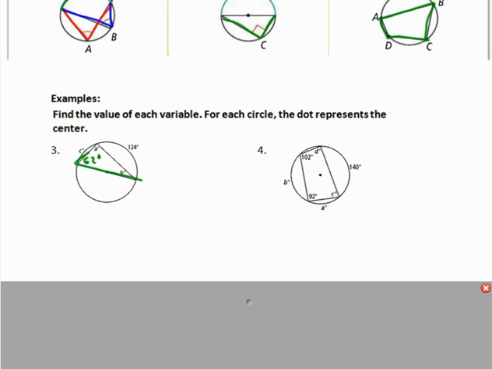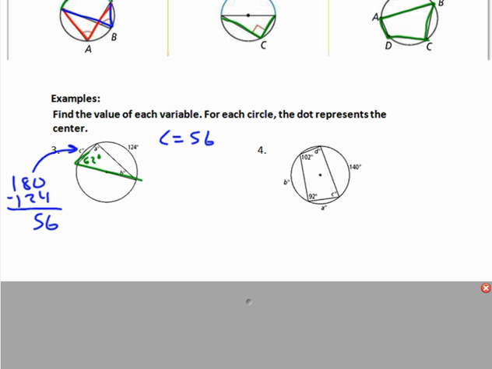All right, so if you look at it, that line that I have in green here is a diameter, goes right through the center. So that means C has to be whatever 180 minus that 124 would be. When you do that, I'm not going to borrow right now, it would be 56. So C equals 56 degrees.